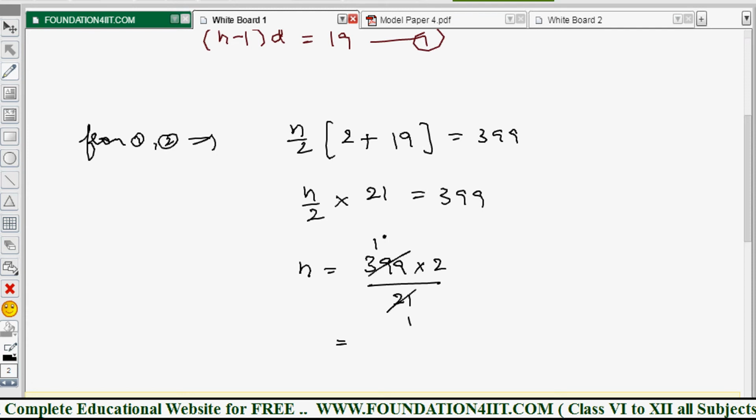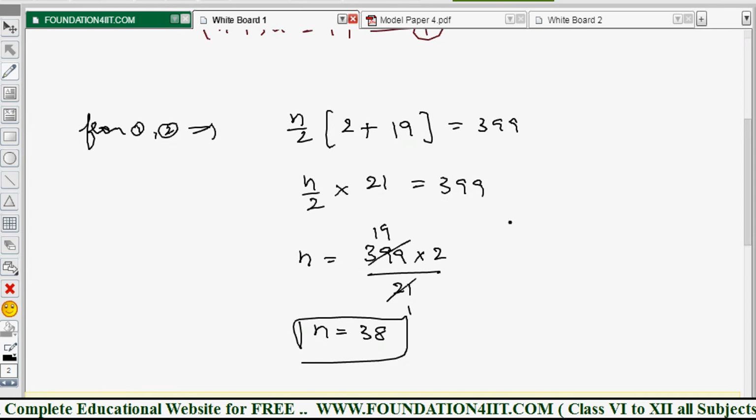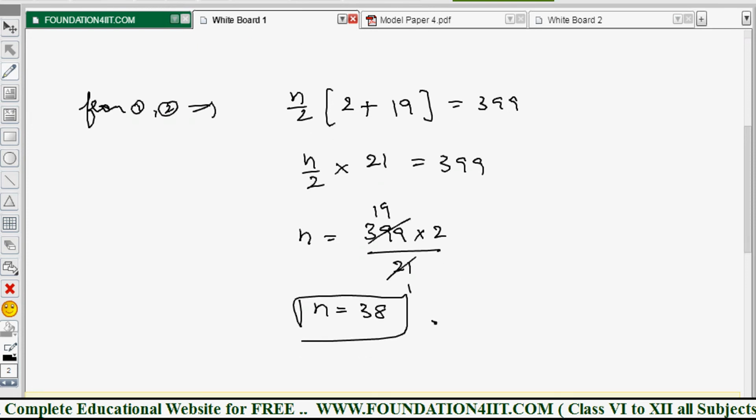Again it is 19. So 19 into 2 is 38. The n value is 38, because 21 into 19 is 399. The number of terms of the AP is 38, right? Okay. Now let us see this next question.